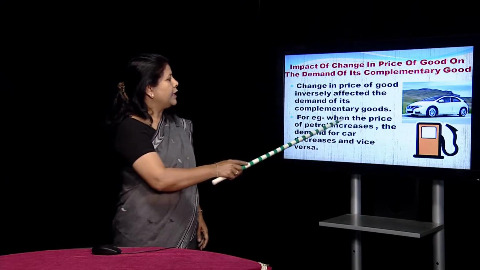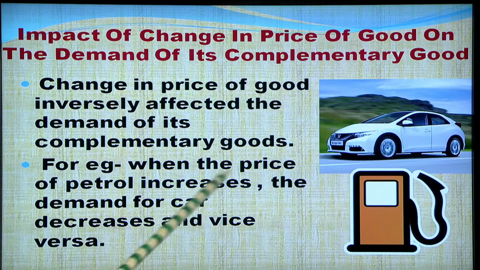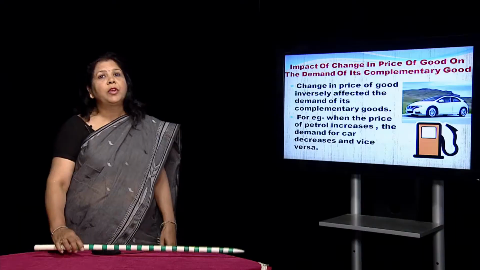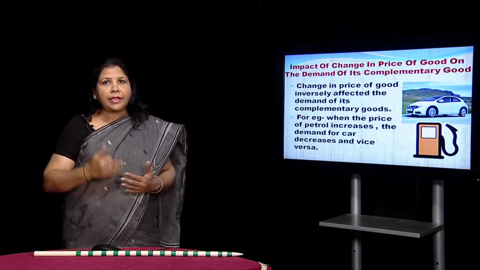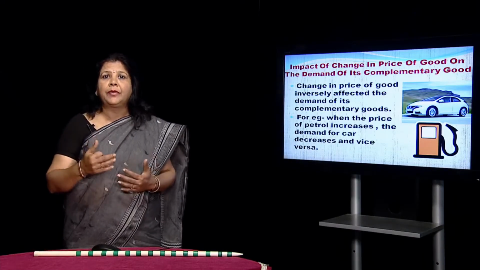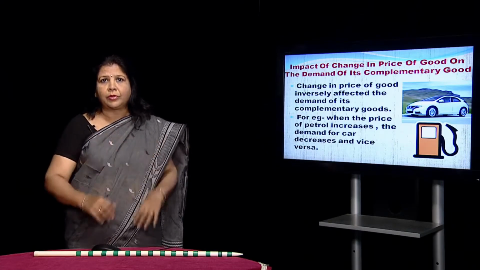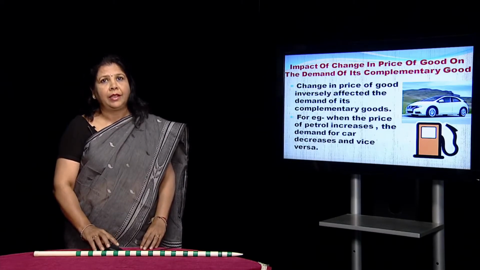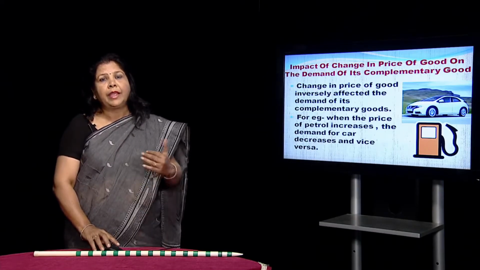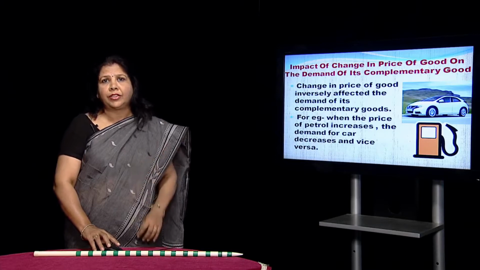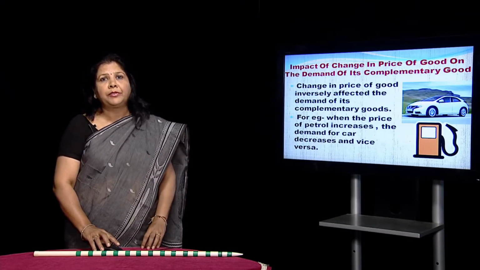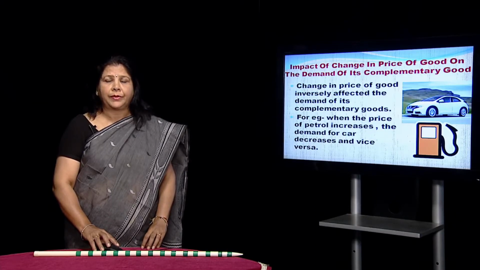An example here is when the price of petrol increases, the demand for car decreases and vice versa. This is because when price of petrol increases, it becomes dearer, and so the car which runs on petrol also tends to become dearer. So, there is an inverse relationship between price of a good and the demand of its complementary good.